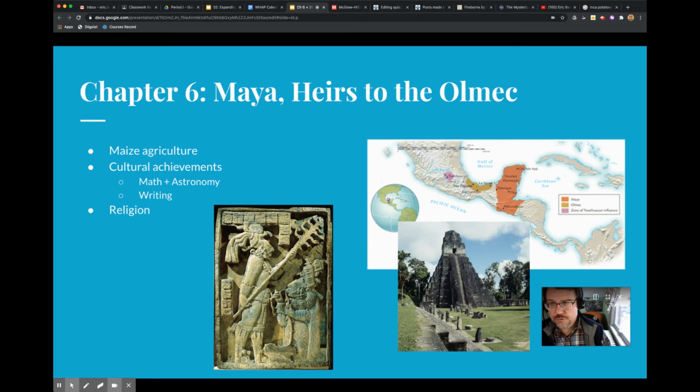The Maya also produced some amazing achievements that you might know about in math and astronomy, which combined together led to the calendar. And they did have writing, which was very expressive. Those things are all significant, and they go into this post-classical time period. And then in chapter 20, you learn about the Aztecs conquering areas that were still culturally Maya and incorporating a lot of those elements into Aztec or Mexica culture.